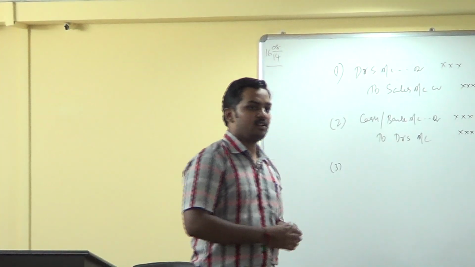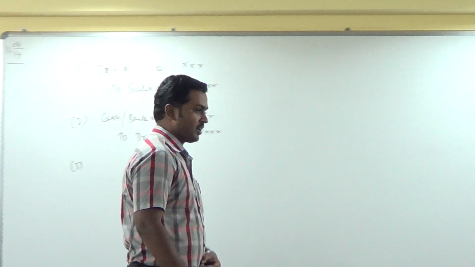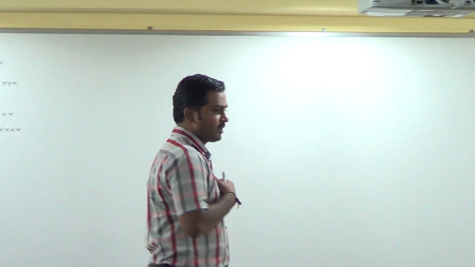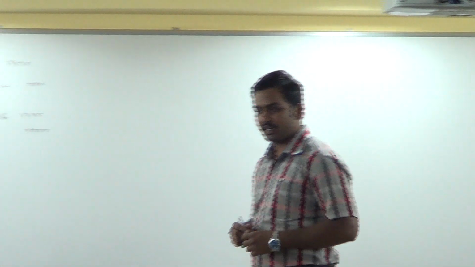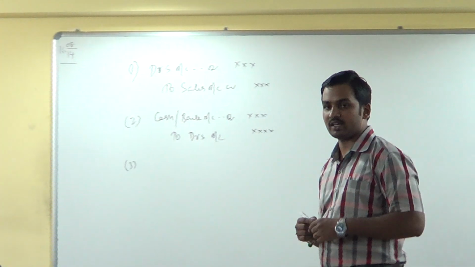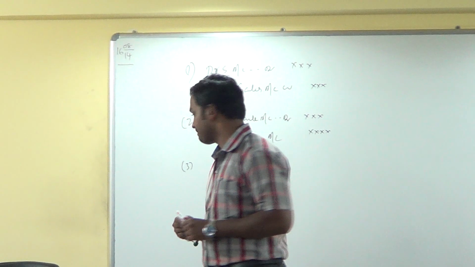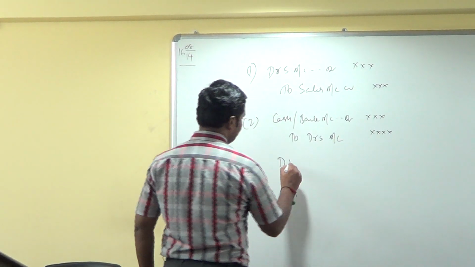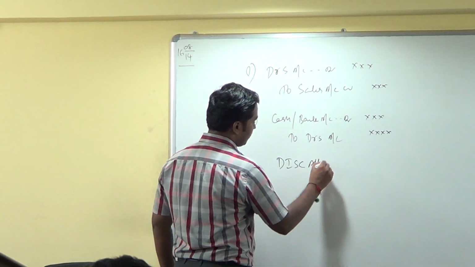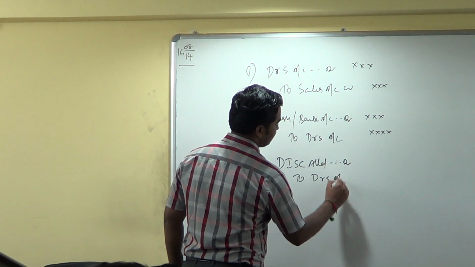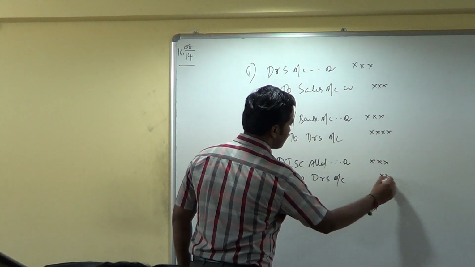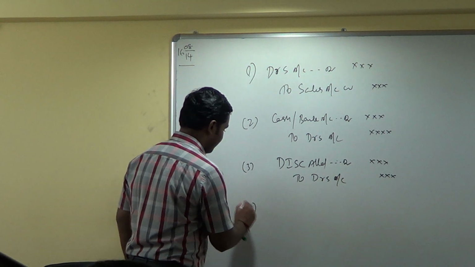Write down the entry: discount allowed account debtor to debtors. Discount allowed, nominal account, expense, loss, debit. Debtor, personal account, giver, credit. This is the entry we pass when we allow discount to our customers, with the amount of discount. Next.